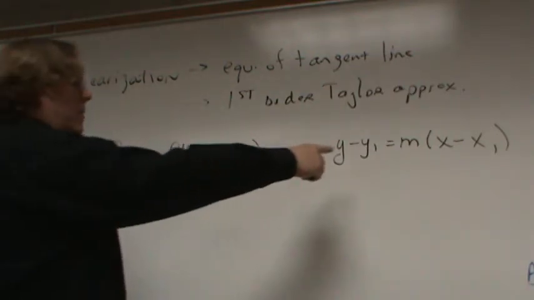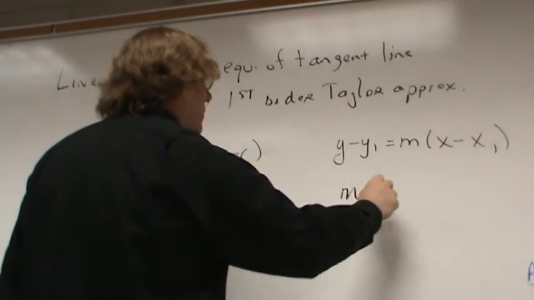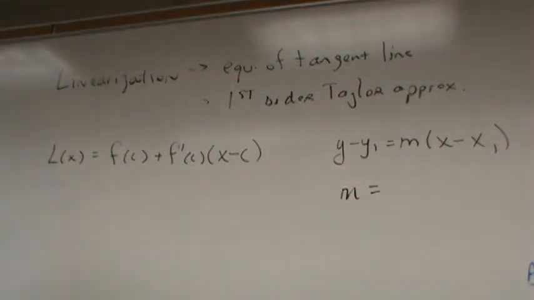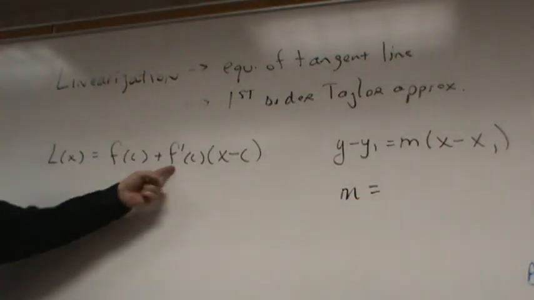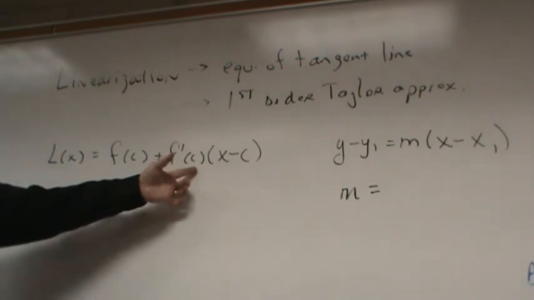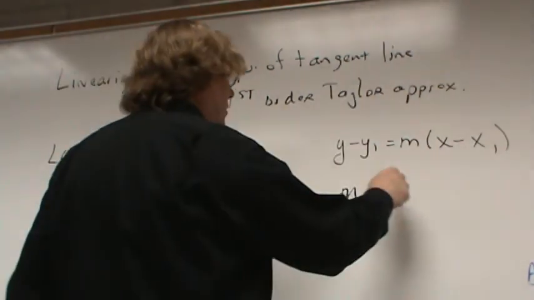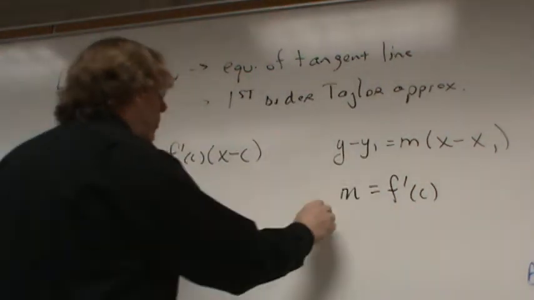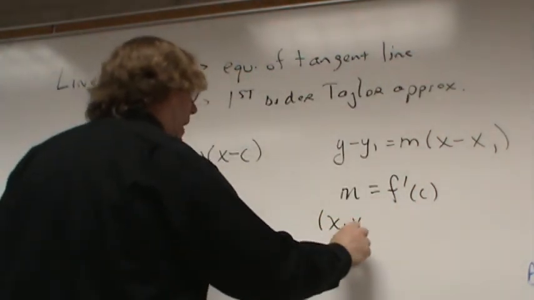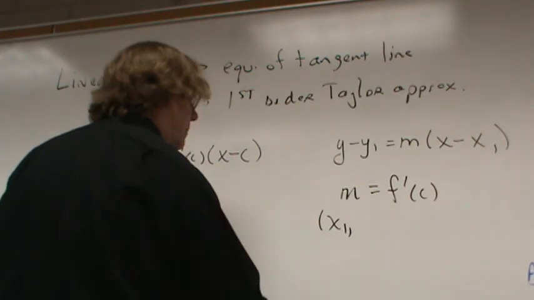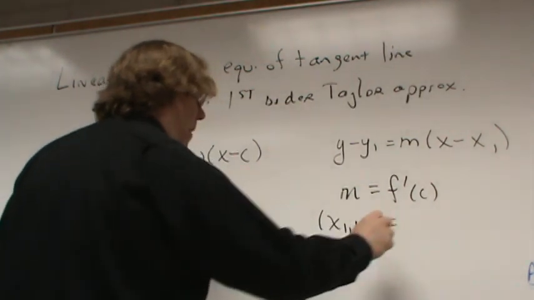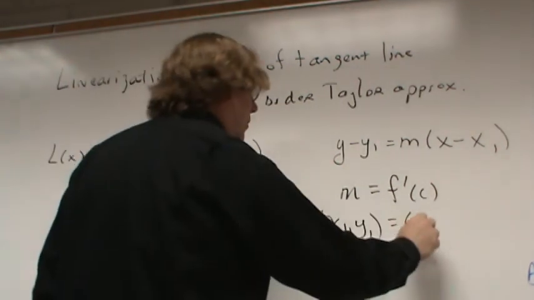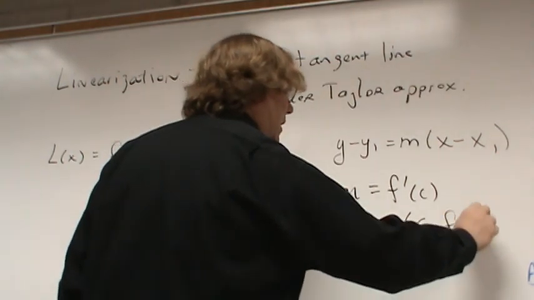But look at the equation of the tangent line. What's my m going to be equal to? f prime of c, right? I mean, the slope of my tangent, f prime of c. And the point x1, y1 is actually going to be equal to c comma f of c.